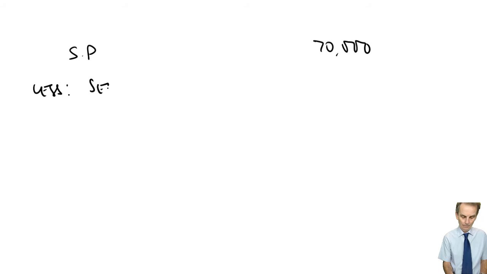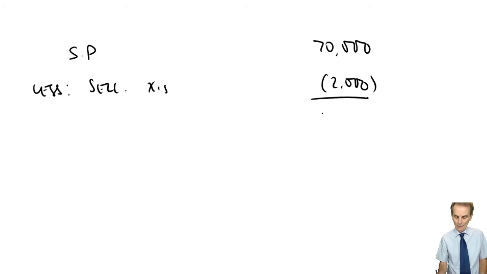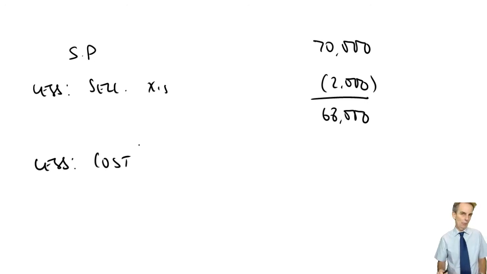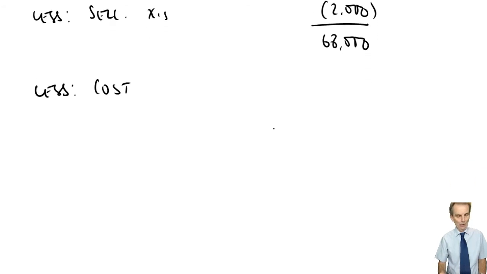What are our sales proceeds? £70,000 less our selling expenses. They, I think, were £2,000. So we're down to net proceeds of £68,000, from which we now need to deduct our allowable cost. And herein lies the problem.